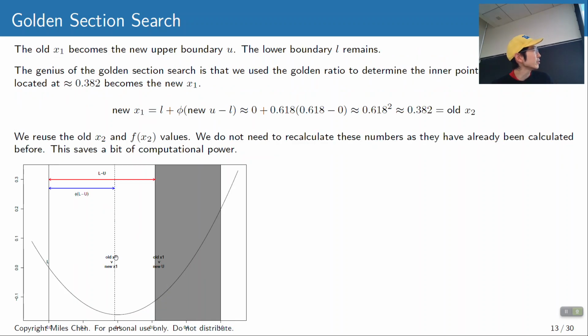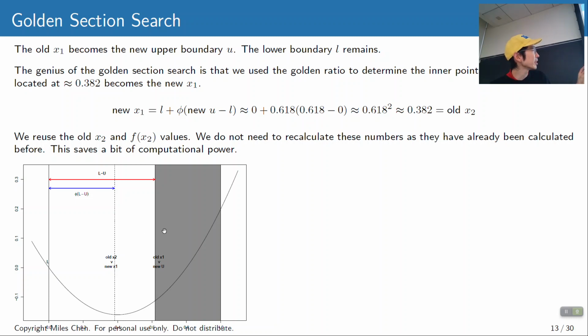So this value, which used to be my x2, is going to be the new value that I find from going 0.618 of the way from here to here. Okay, and so I don't have to actually find two new values. I only have to find one new value. I have to go 0.618 of the way from here down to here, right?